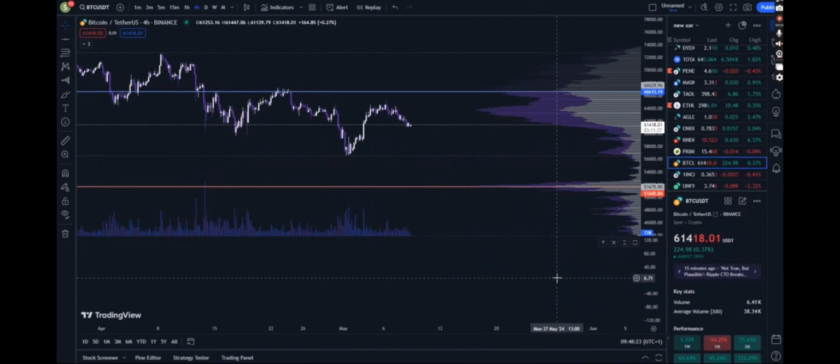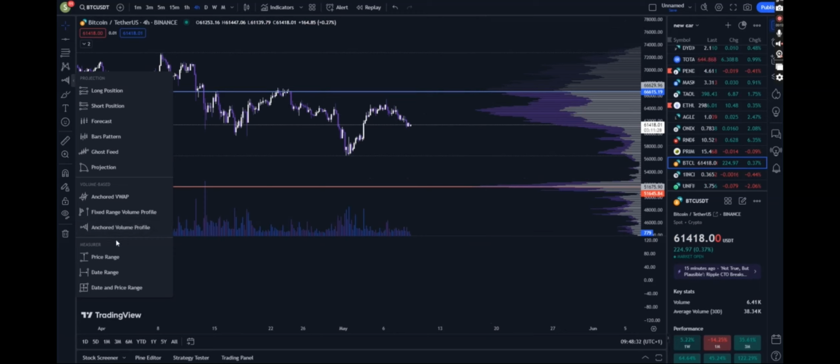Morning, I'm back with another one, just a quick one to show you how to use this tool here, anchored volume profile and a fixed range volume profile as well.